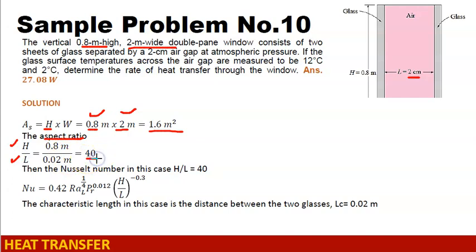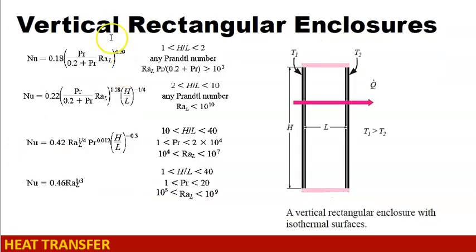For this particular aspect ratio, we will determine which Nusselt number is applicable, so we look at our table. When the aspect ratio is between these values or equal to that value, we can use this equation. The aspect ratio ranges are 1 to 2, 2 to 10, and 10 to 40.